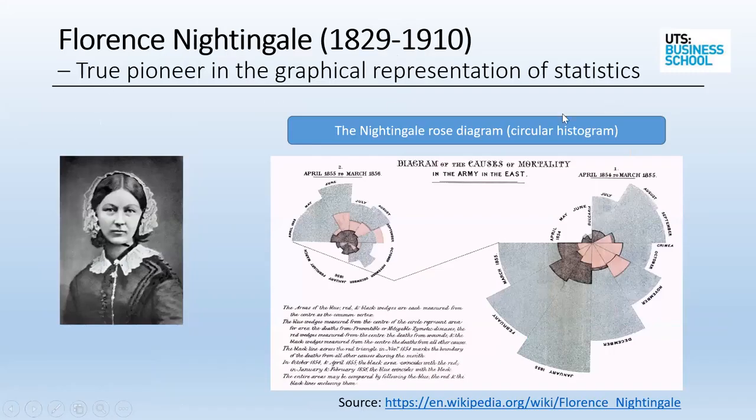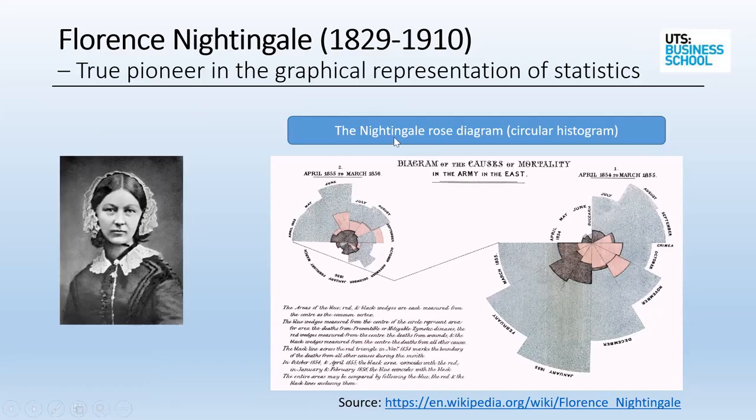And then you have Florence Nightingale. How many of you have heard of Florence Nightingale, and in what context have you heard her name, if at all? She became famous as a nurse. She was actually a statistician by training, but she was in the medical profession, and she became very famous as a nurse during the Crimean War because she organized a camp to look after the people who were injured in the war.